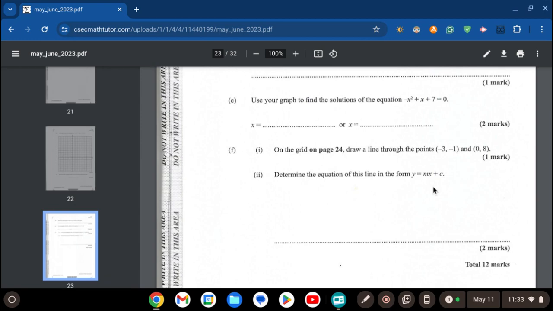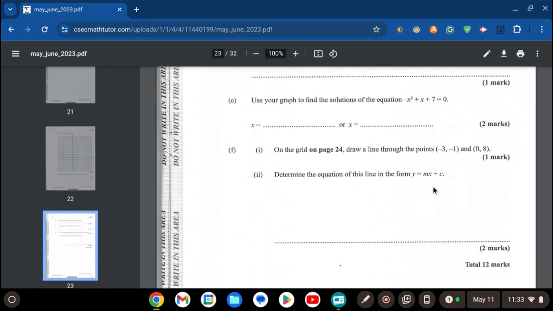So on the functions part, most likely you're going to get a quadratic function, where a parabola is involved. And sometimes you may have to write it in the form of y is equal to mx plus c, like the equation of a straight line.